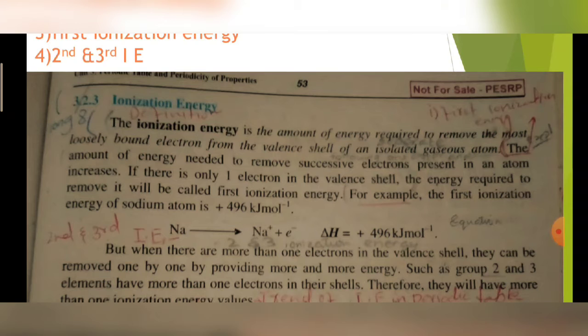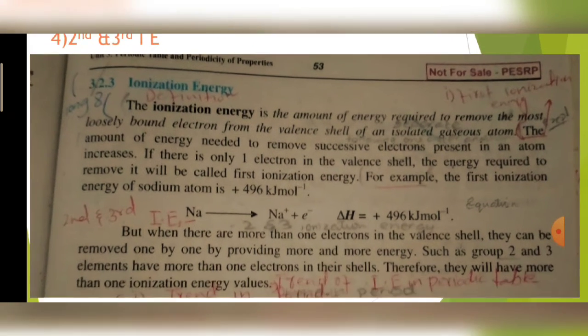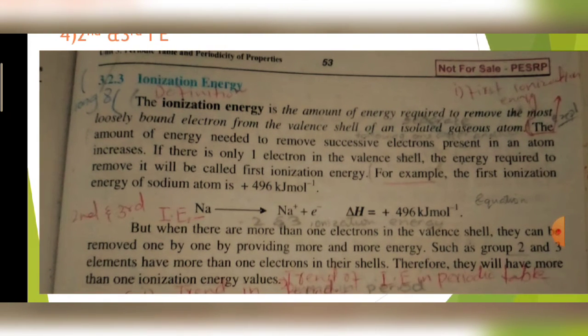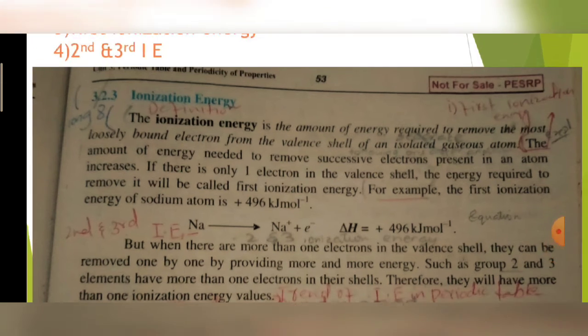Second group elements have 2 electrons in their outer shell, and we can't remove 2 electrons at a time. So we remove electrons one by one by providing more and more energy. That's why second group elements show 2 ionization energies, first and second, and third group elements show 3, first, second, and third.